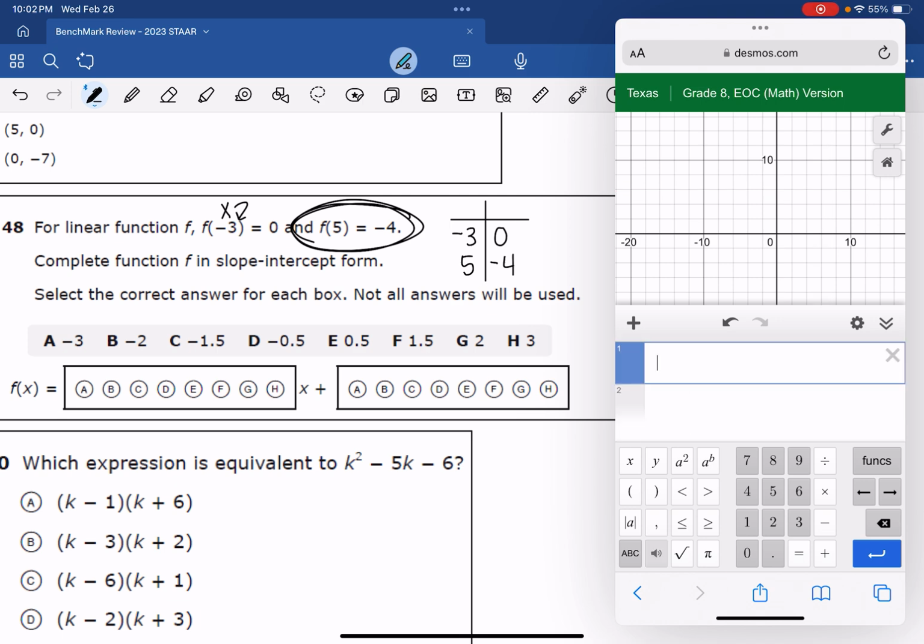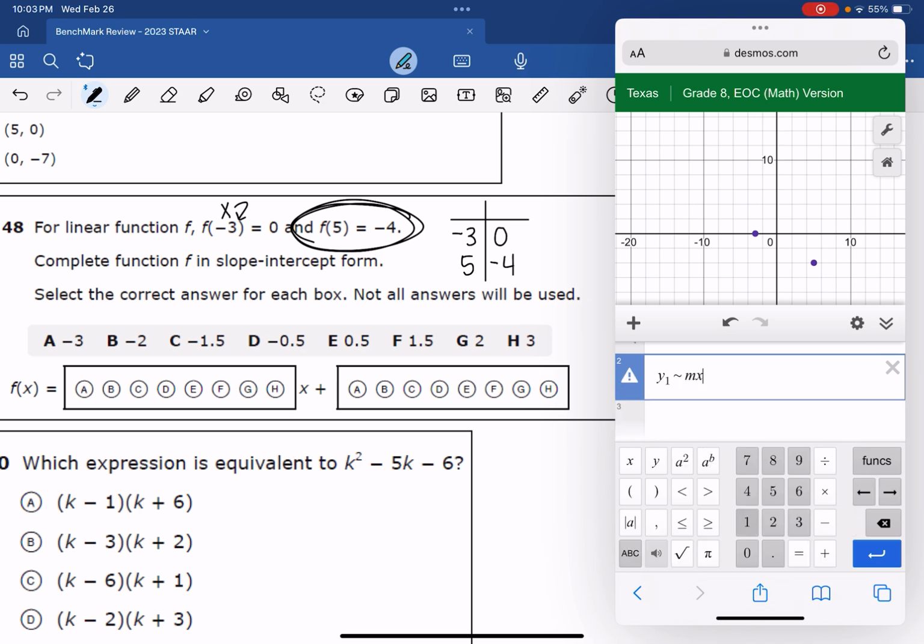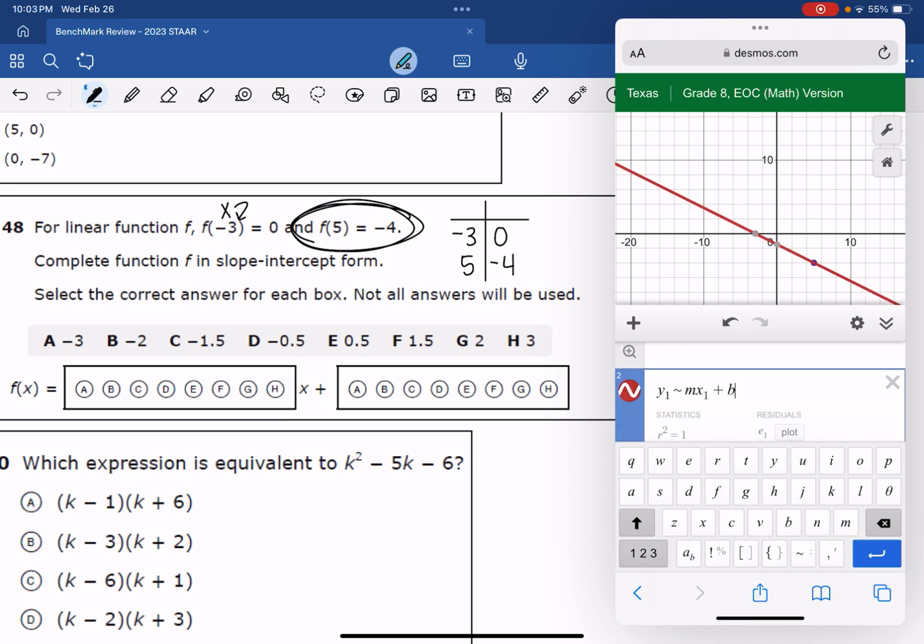So then we just create our table. So negative 3 and 0 and 5 and negative 4. Our fun equation that we're going to have memorized by heart. Right?